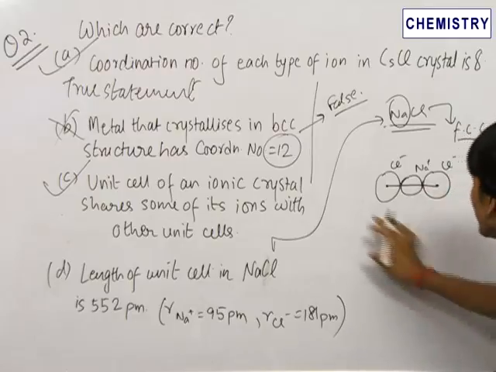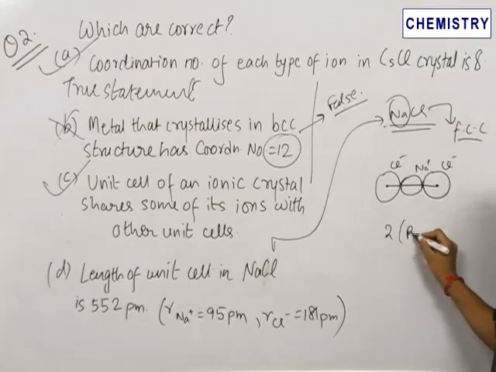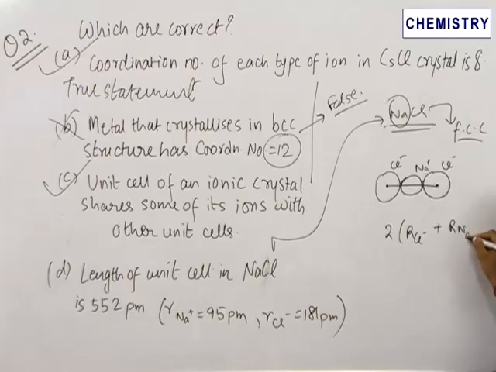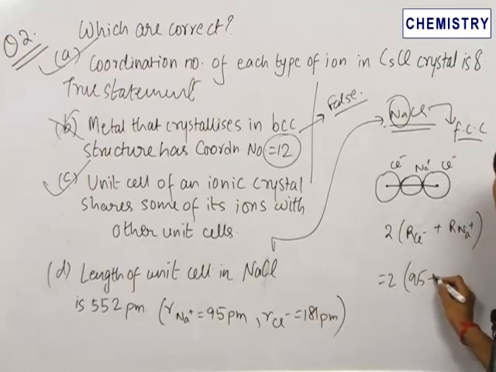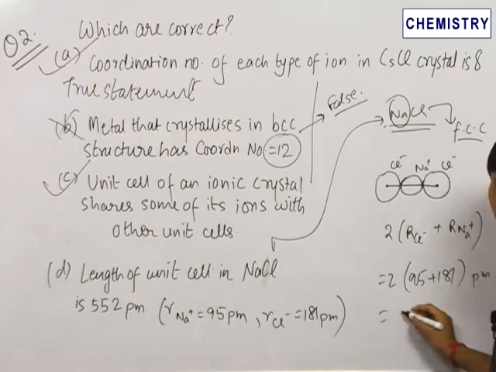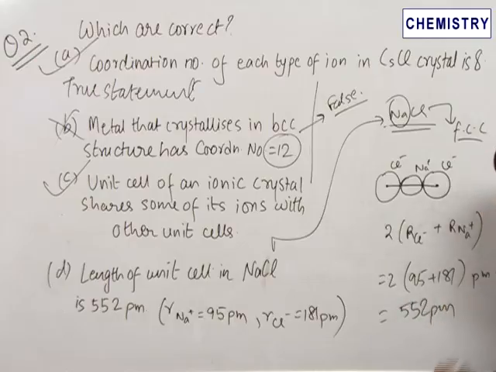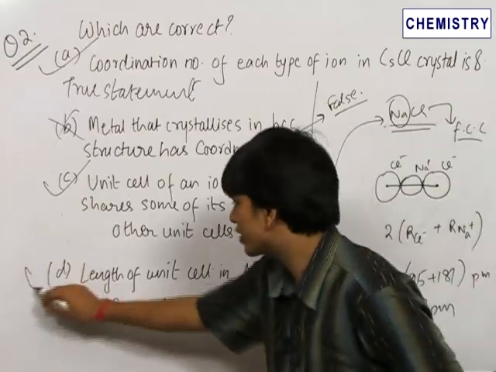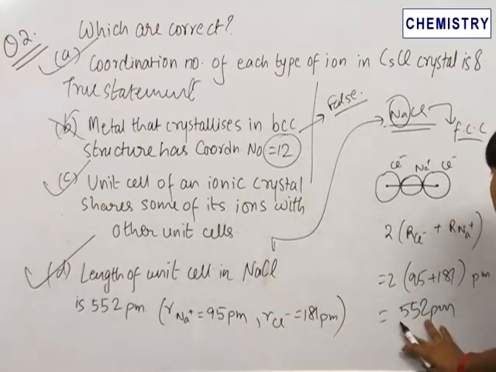Now to find out the length of this unit cell, it is clearly equal to 2 times radius of Cl minus plus radius of Na plus. This is equal to 2 times 95 plus 181 picometers. That is equal to 552 picometers, which is given over there, and therefore our D option is also correct. That is the length of unit cell in NaCl is 552 picometers.